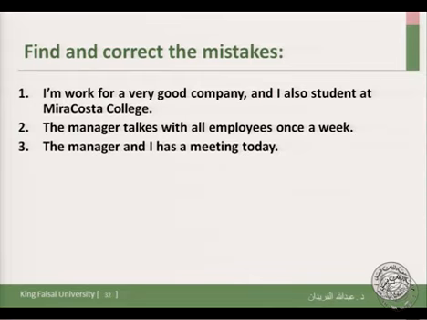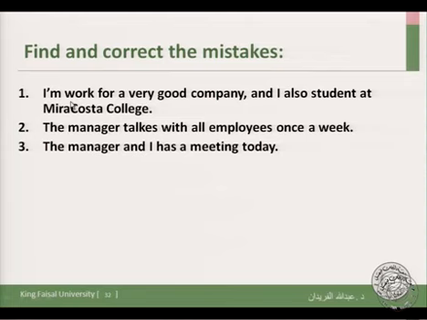Did we talk about am, is, are in this lecture? No. We said when we use I, they, we, and you, we use the verb as it is. Nothing between I and the verb. This is the simple present. So the first mistake here is "I am work."